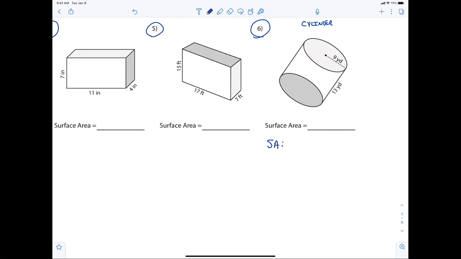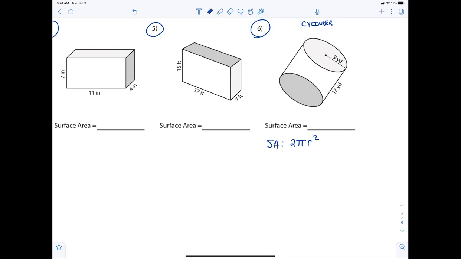And then I have the area of a circle is what? Very good. Now, how many of them are there? It's 2. So the surface area is going to be 2 pi r squared. Now remember, the 2 is there simply because there's a circle on the top and there's a circle on the bottom.